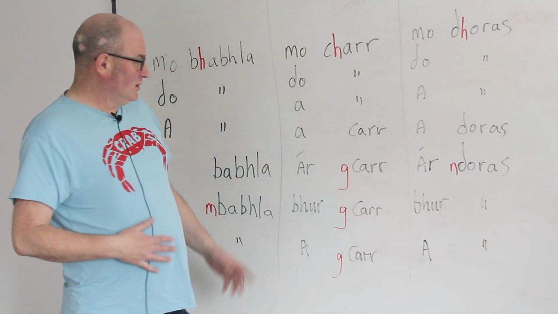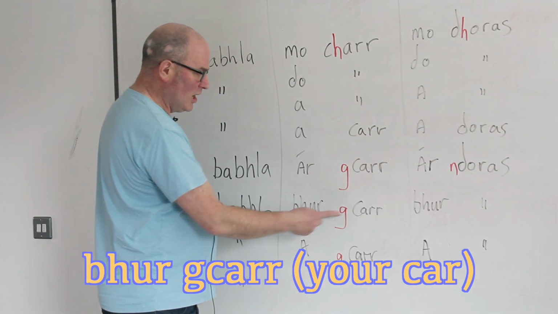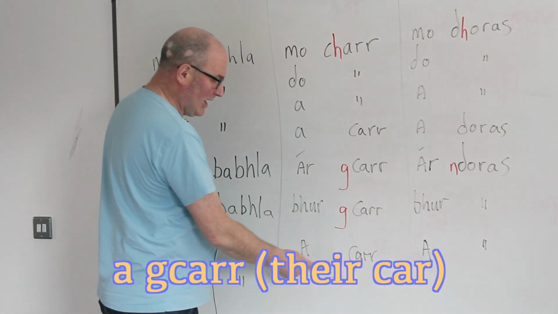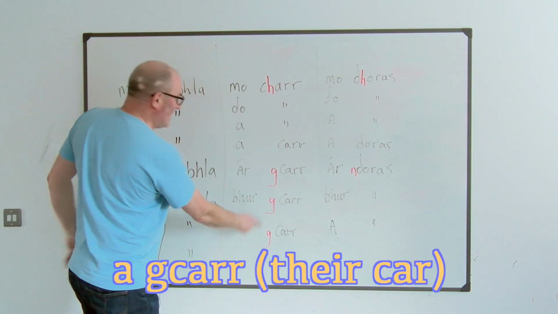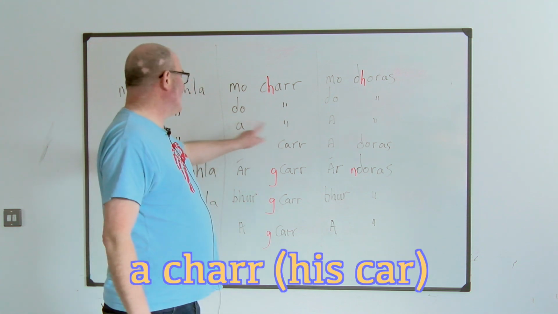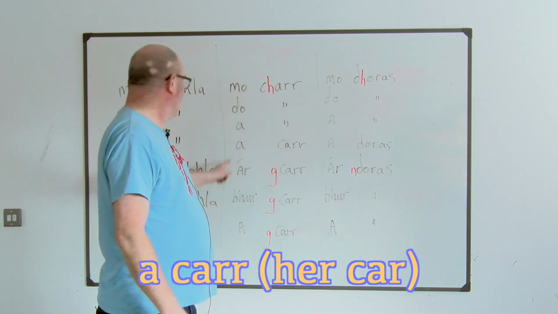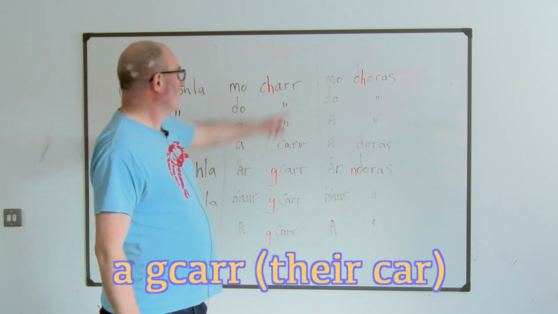Similarly, in the plurals, we're eclipsing. Ár gcarr, bhur gcarr, a gcarr. And again, we've got that word a here. But this one's eclipsed, that one does nothing, and that one gives a séimhiú. So his car, a char, her car, a car, their car, a gcarr.